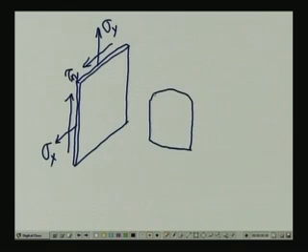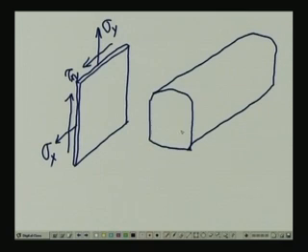Any problem which has got one of the dimensions very long in comparison with other dimension, like for example, you are trying to compute the stresses around a tunnel for instance. In this case, this dimension is very long in comparison with other dimensions. Then this type of problem is called a plane strain problem.